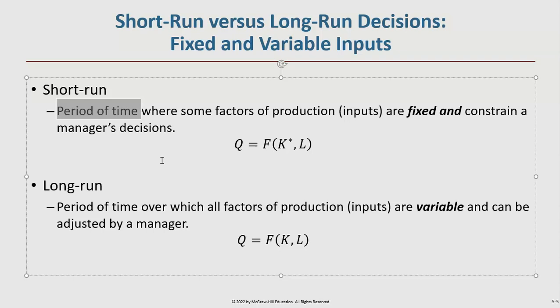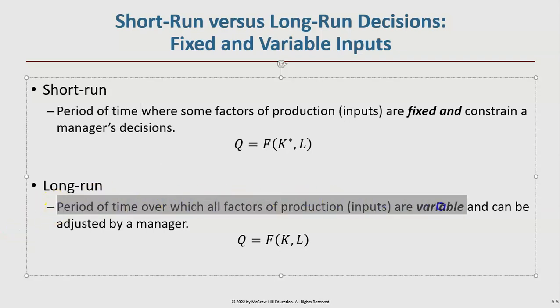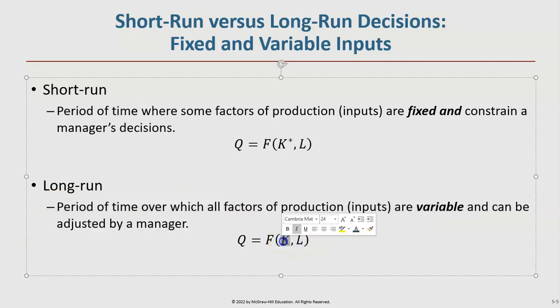It takes longer to get from the short run to the long run than it does for a hot dog stand on the side of the street. Okay, so the long run is the period of time when all factors of production are variable. Okay, when you can change all of your capital decisions.